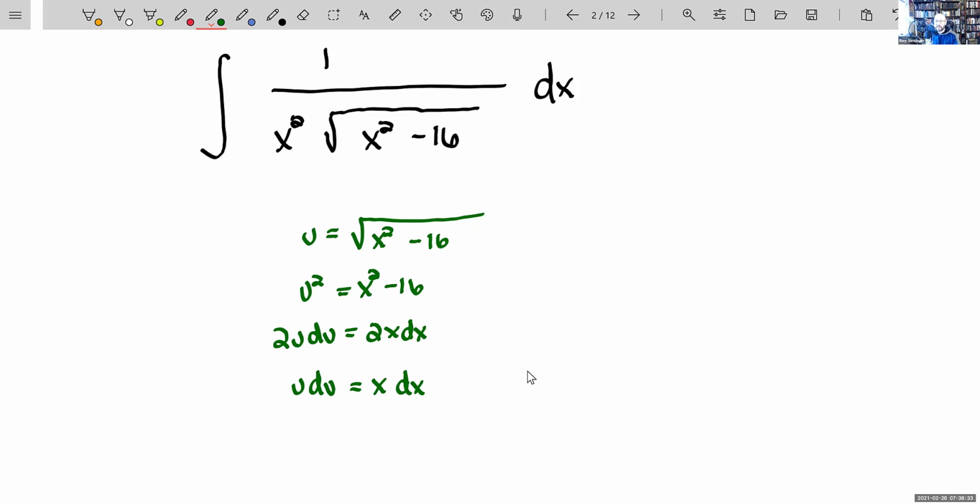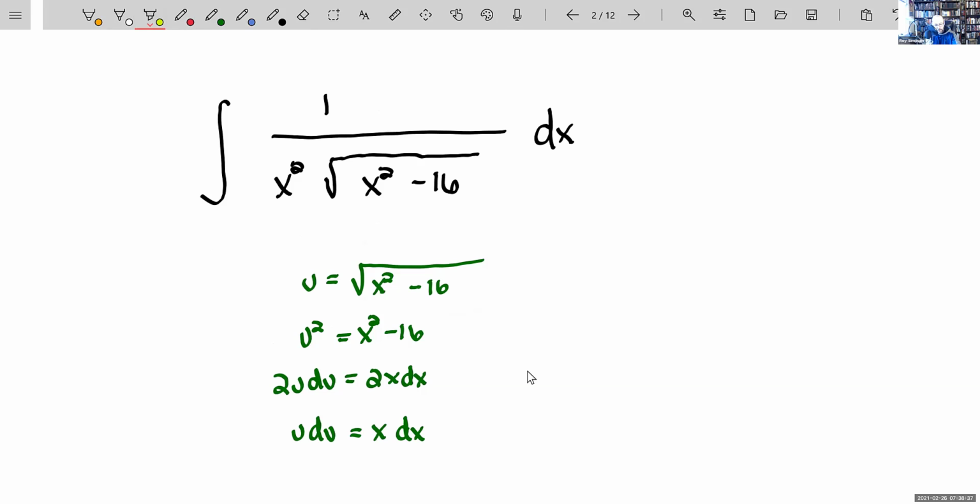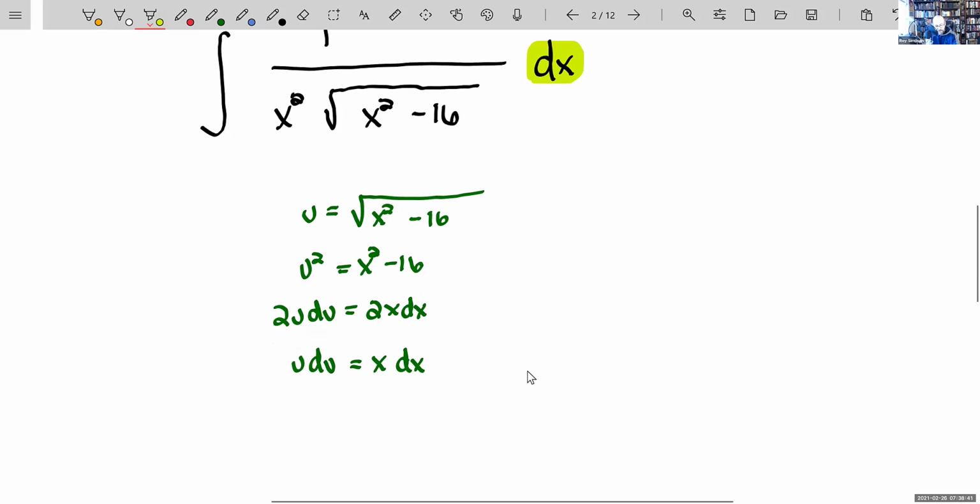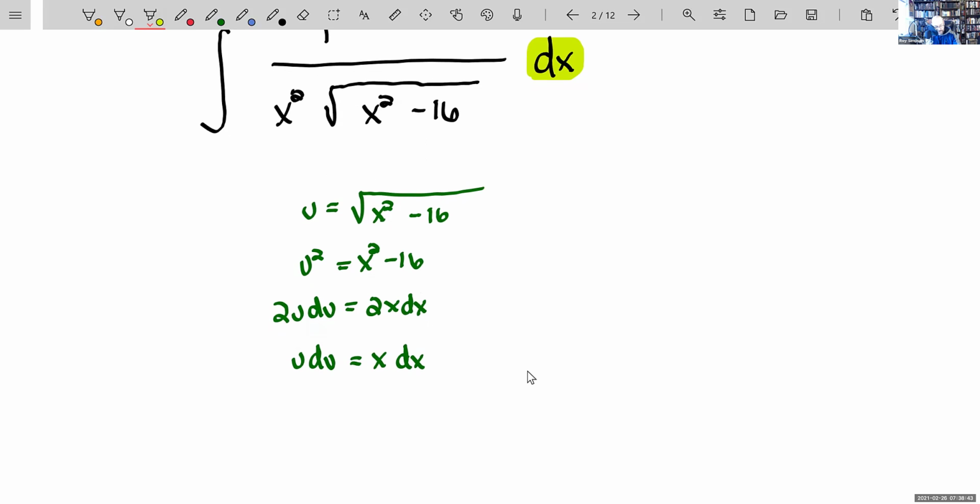Well, it's not a great substitution because, again, our original integral does not have an x dx. It only has a dx. So what I need to do is divide both sides by x on this piece right here. And I'll say, well, wherever I have a dx, I'll trade it out for a u du over x.